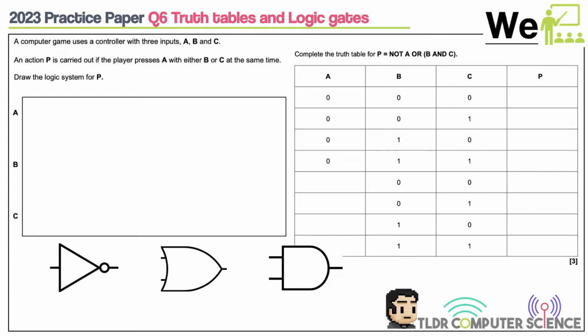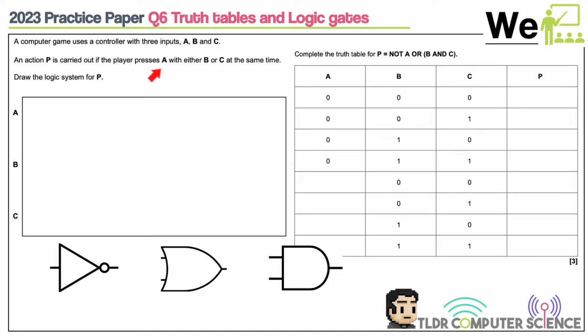Have a go at trying to read the problem. Have a go at doing the question. A computer game uses a controller with three inputs, A, B, and C. So the idea is that each of A, B, and C could be 1 or 0. Three wires coming in. An action P is carried out, i.e. it's going to be true, if the player presses A with either B or C at the same time.